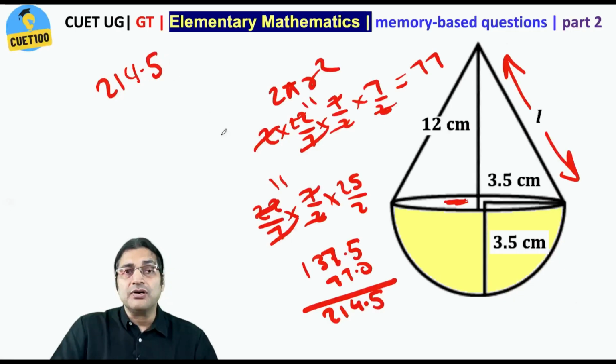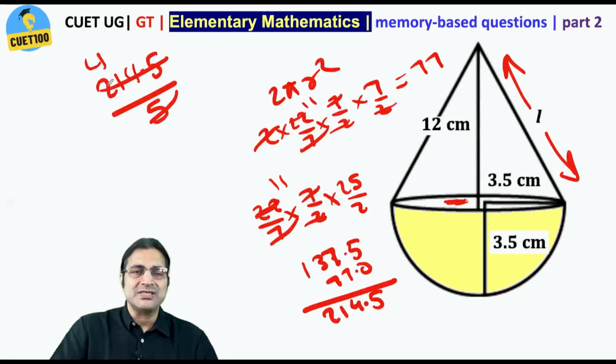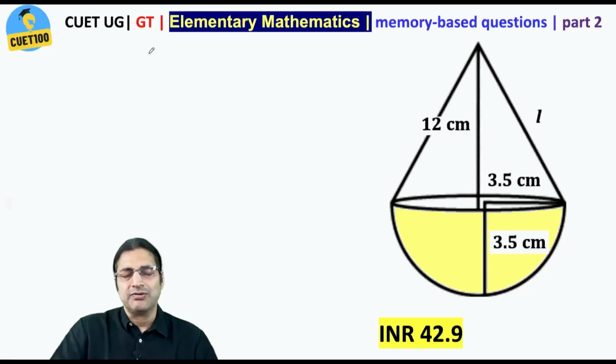And the cost of painting 1 square centimeter is 20 paise, that is 1 by 5 of a rupee. So, in order to get the complete expenditure divided by 5, 4 times, right, then 2 times, right, and 9 times, 42.9. So, that is the answer.